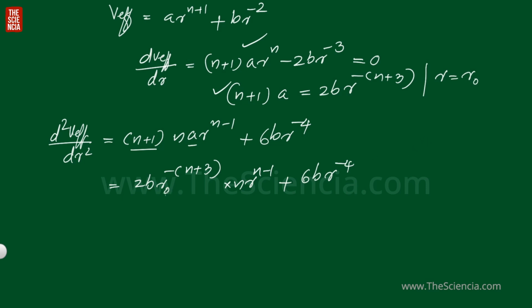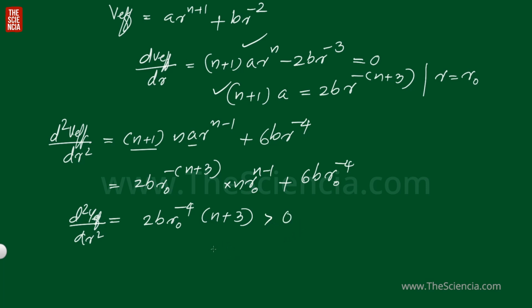So this will be r0, this will be r0, this also r0. And we get this equal to 2b r0 raised to minus 4 into (n plus 3). You just do the mathematical manipulation and you get this answer. This is d²V effective/dr², and for a stable equilibrium it should be greater than 0.